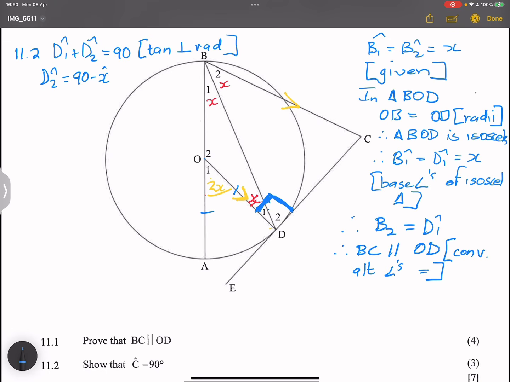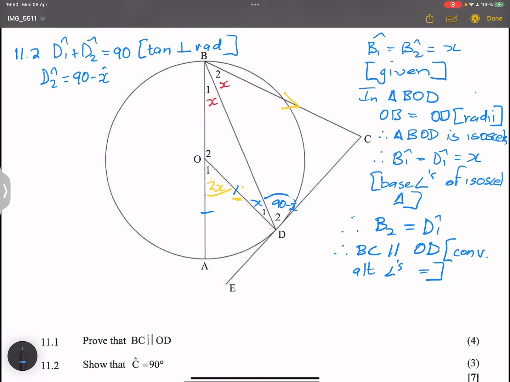So which means this smaller angle over here is 90 minus X, all right? And because that whole angle was 90, to find that smaller angle D2, that will be 90 minus X, because this we've already established is equal to X, right?